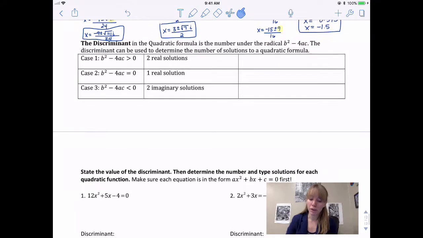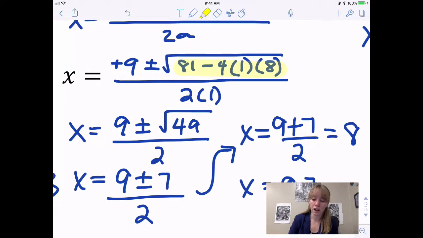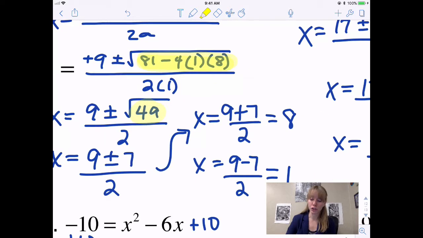We have to talk about one more thing called the discriminant, and the discriminant is specifically the number that is under the radical. So that first step that we did every time, b squared minus 4ac, we found to make a big difference because in that first problem, what was under the radical ended up being 49, so we could simplify, and we got 2 answers, 8 and 1.